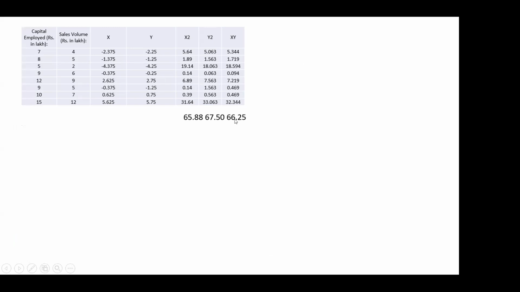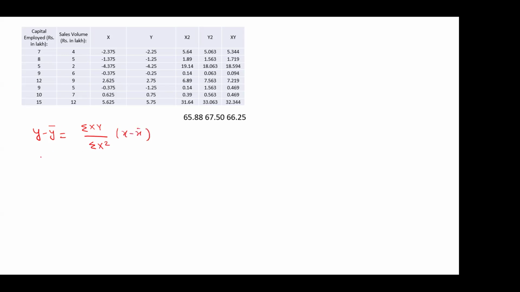So now what is required to be done? If we have to find out y on x, that is the first thing. If you remember the formula, I'll write it once again. What I wrote: y minus y bar equal to summation xy divided by summation x square into x minus x bar.